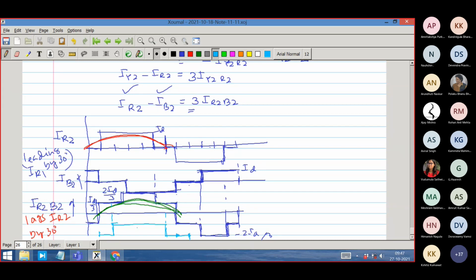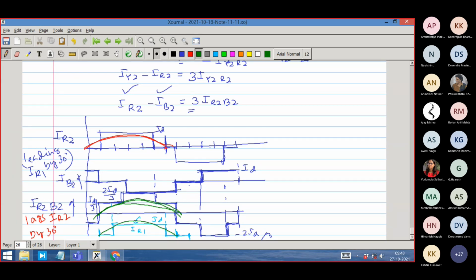This is IR1. This is the level of ID. Its 0 is here, and this is its sine wave. Agreed? This is its sine wave, right? Yes or no? Yes, sir. Yes, right? So this is IR1. IR1 will be placed here.